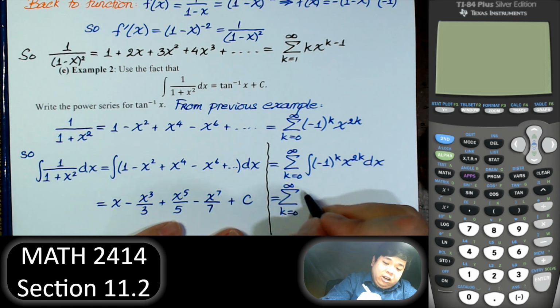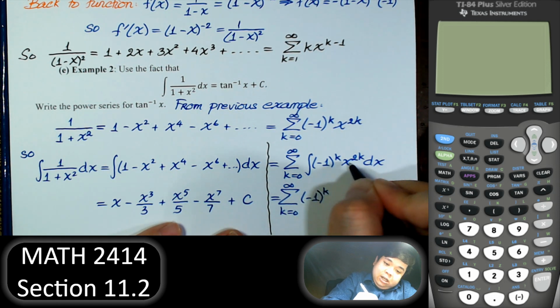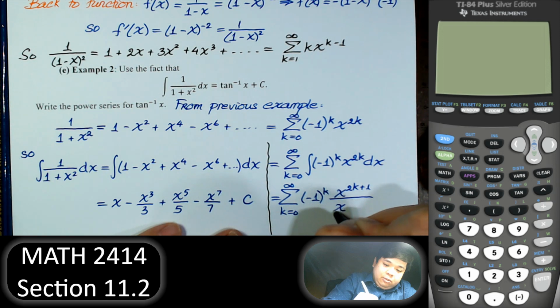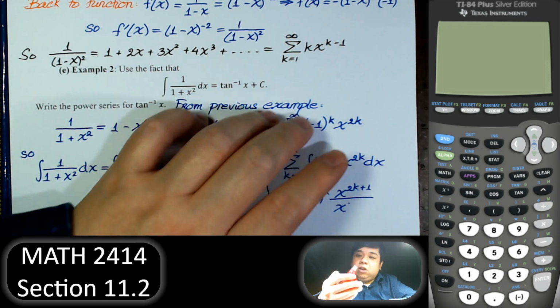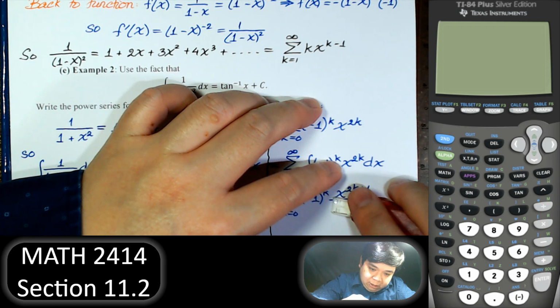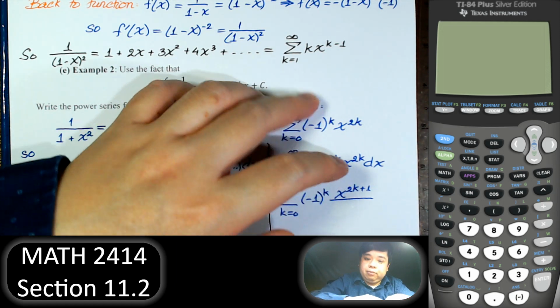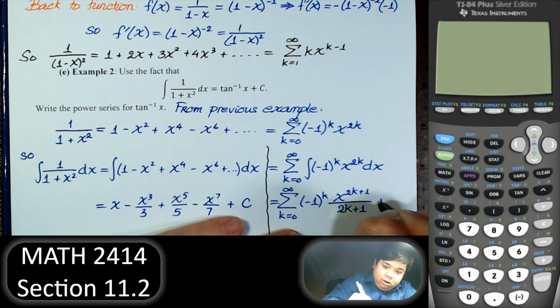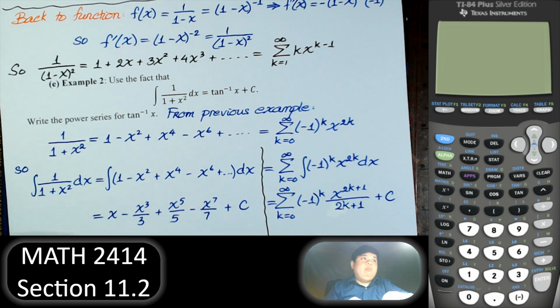This one is independent of x, so I'm just going to take that outside of the integral. The integral of x to the 2k will be x to the 2k plus 1 over 2k plus 1. That's just the simple power rule. Plus the constant c. We still need to have the constant c.